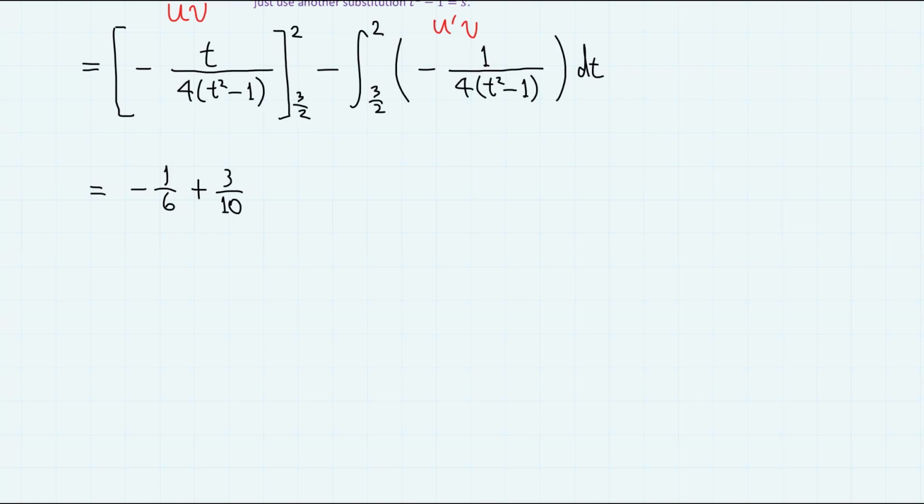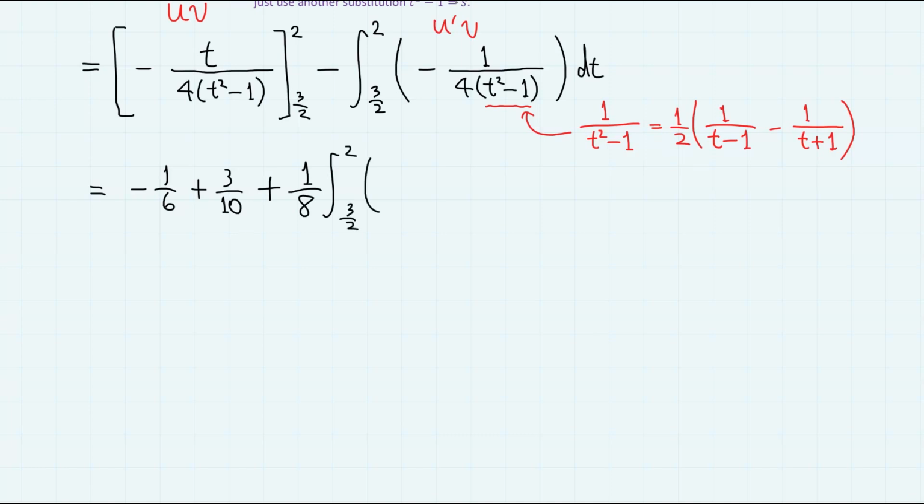As for the next part, some of you might have realized that we can easily integrate this 1 over t squared minus 1 part by applying this famous partial fraction formula. So now the sign becomes plus, then the constant part becomes 1 over 8, then integral of 1 over t minus 1 minus 1 over t plus 1.